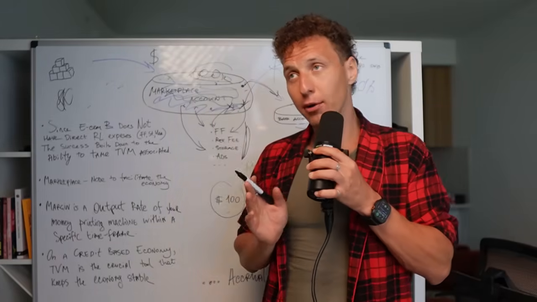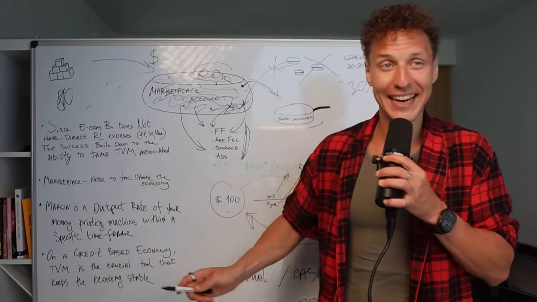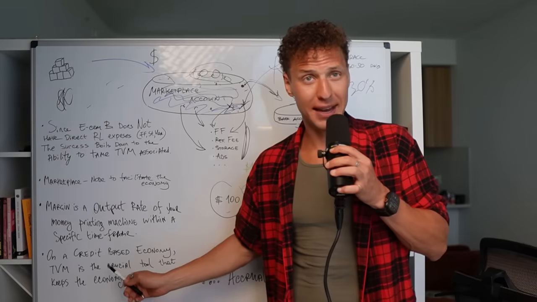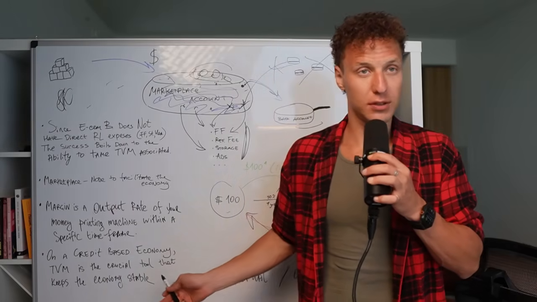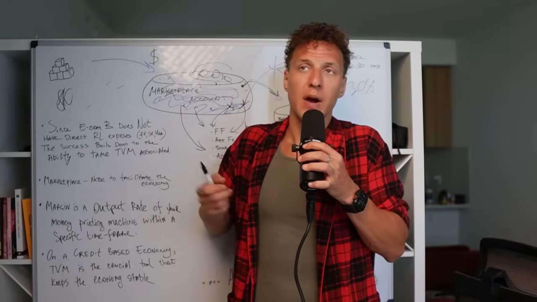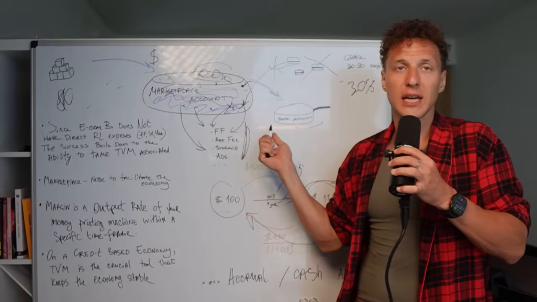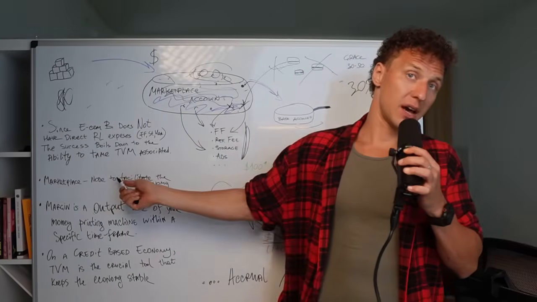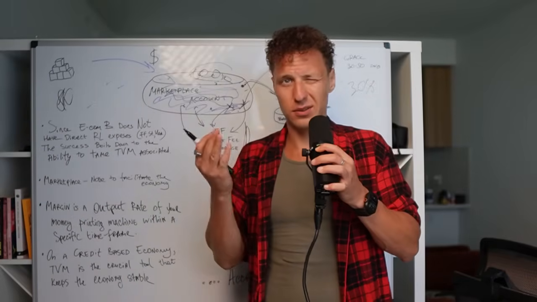So if you think about it long enough, you will get the idea that in a credit-based economy, the time value of money is one of the crucial tools that keeps the economy stable. Because I owe the bank, Amazon owes me, then I owe the supplier, who owes the raw material producer, and stuff like that. You see what I'm going at?